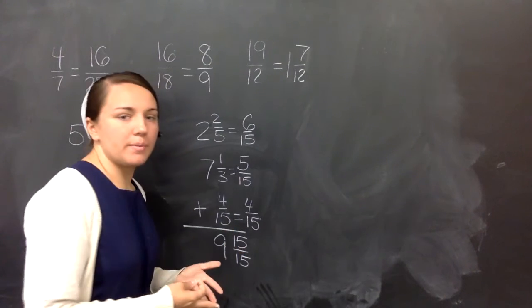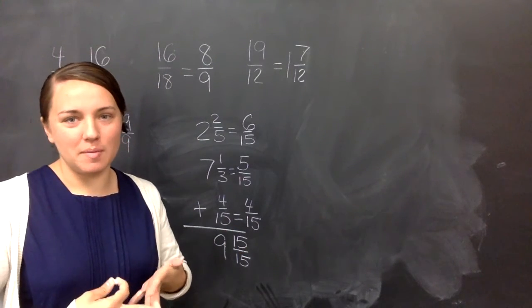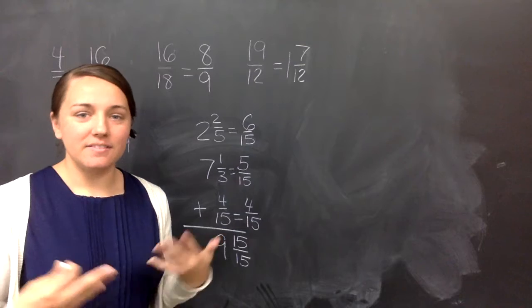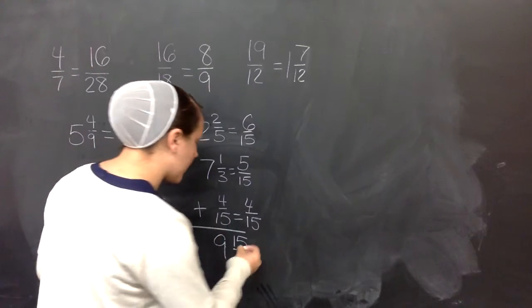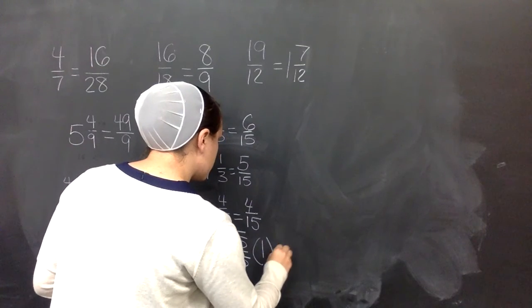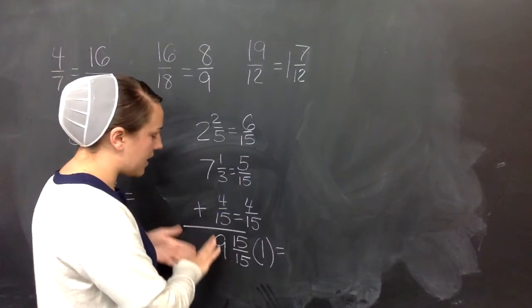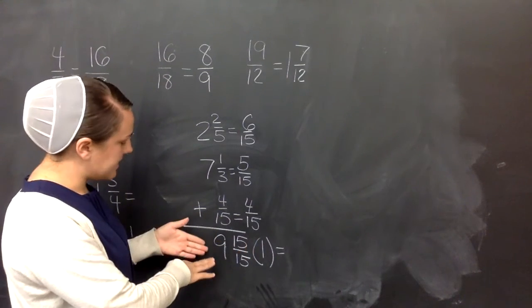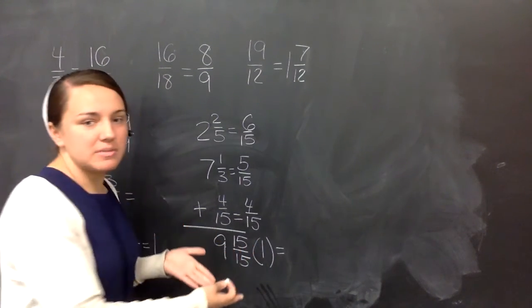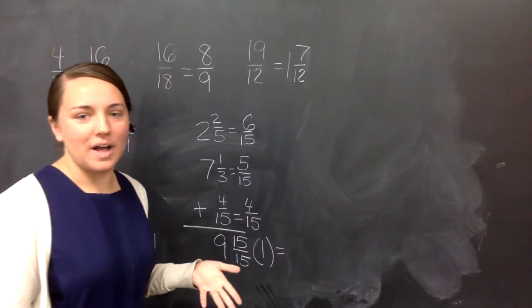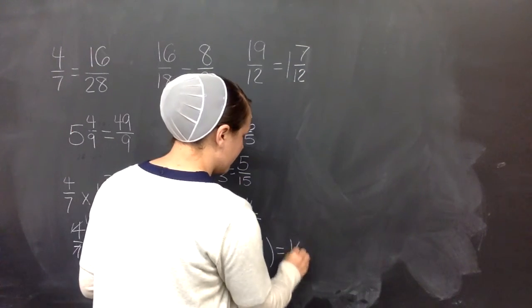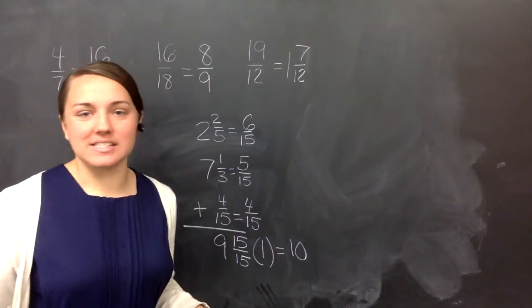Now, what is the whole number for 15 over 15? Can we make that a whole or a mixed number? 15 divided by 15 is 1, right? So now we have 1 for the fraction, and we have 9 as our answer here, so we need to add them together. 9 plus 1 equals what? 10. So 10 is our final answer.